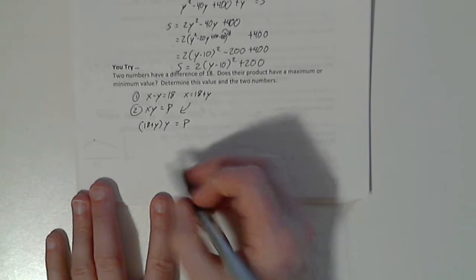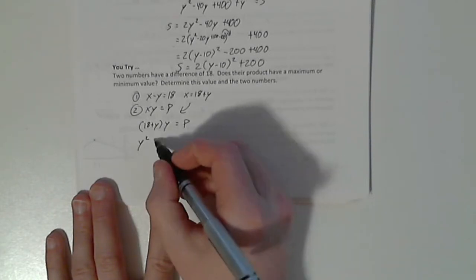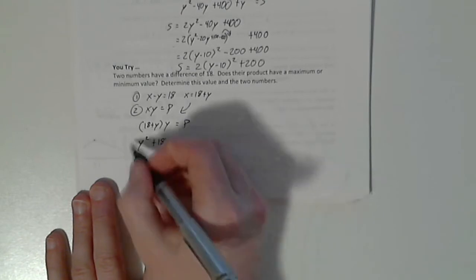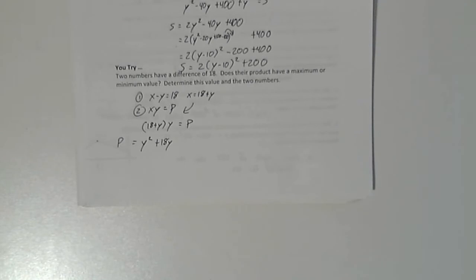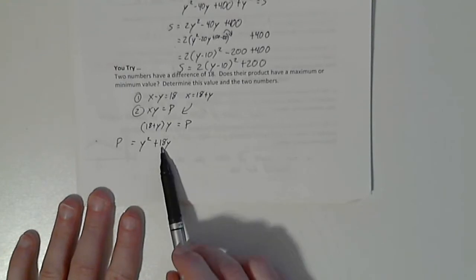Expand this out, so it's y squared plus 18y. I'll throw my P on the other side for clarity. So we know it opens up, so it's going to be a minimum value. Let's complete the square. This one's actually going to be really, really easy to complete the square.